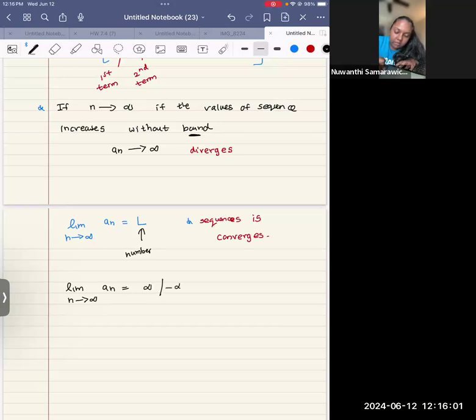But as I explained above, if n goes to infinity and your terms go to infinity or negative infinity, then we say this limit doesn't exist. So we write that as DNE. This means does not exist.